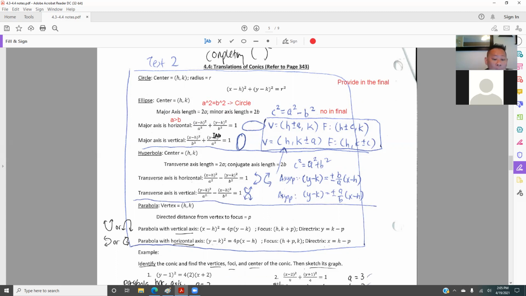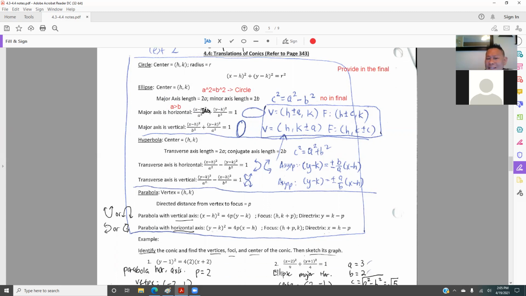Then a hyperbola is the same thing as an ellipse, but instead of plus, it is a minus. And then a does not necessarily have to be bigger.